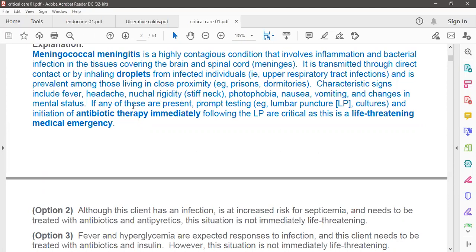If any of these are present, how can we test for meningitis? Lumbar puncture. This is a life-threatening medical emergency, right? So antibiotic therapy is the treatment option.